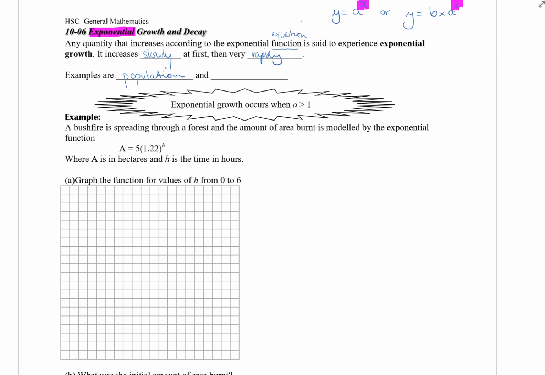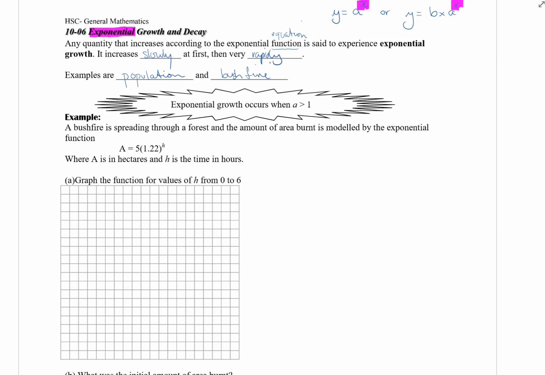Another good example of exponential growth is a bushfire. It starts off, nothing much is happening in the beginning, and it's not until a substantial amount has been burnt that we've got a huge fire front, because it's burning a much bigger area now, or along a much bigger line, that the amount of bush that it then continues to burn is bigger again.